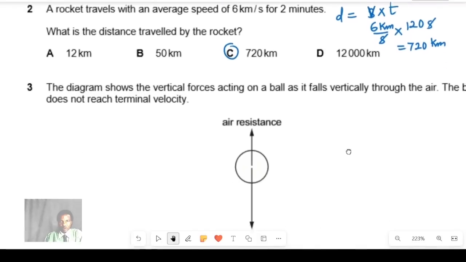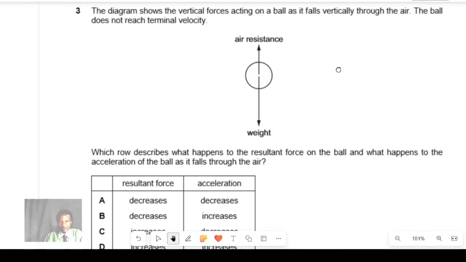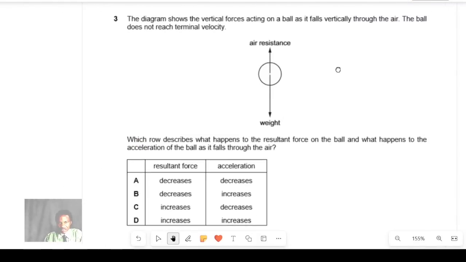So if we go to question 3, question 3 is about the diagram showing the vertical forces acting on a ball falling through the air. So we have this ball, and you have the air resistance, which is the drag force acting on it.